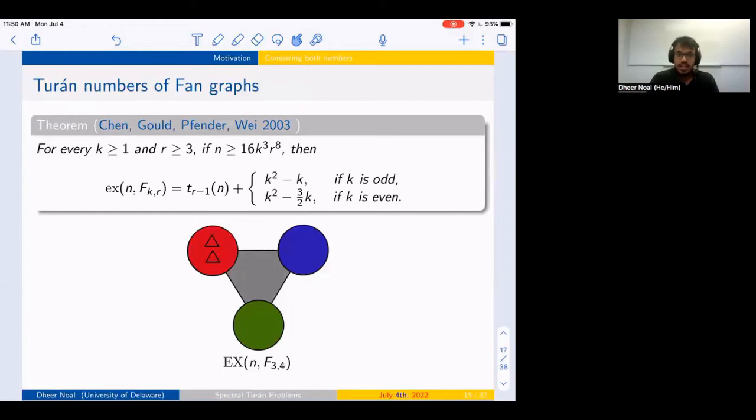Right? And the friendship graph result was generalized for fan graphs, and it was shown that the Turán number is what appears over here, and it is achieved by looking at a Turán graph on one less part and embedding two regular graphs of not too big a size into one of the parts. Over here I'm just inserting cliques because they're the easiest to visualize, but you can put in other regular graphs with the same regularity as the clique.